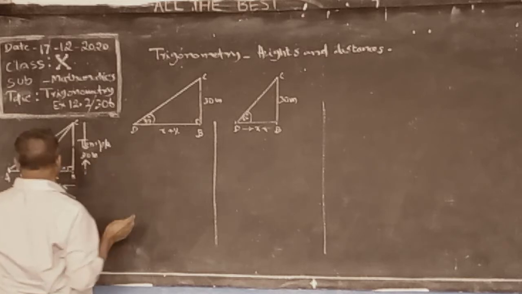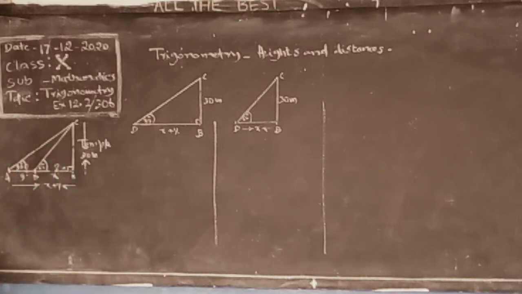In the previous problem, the person was here and he moved back, and the angles were 60 and 30. Now here, the height of the temple is given as 30 meters.